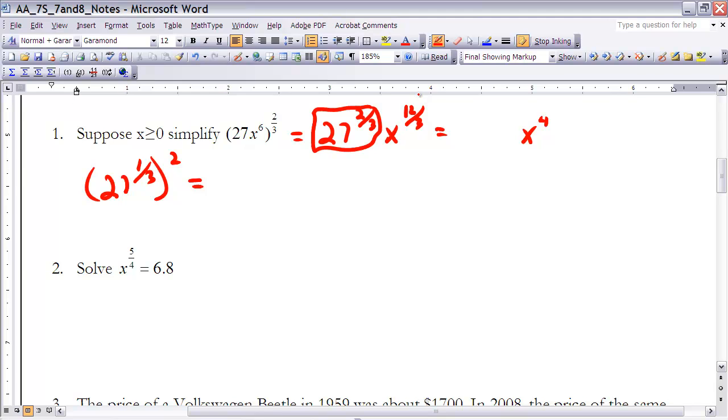So 27 to the 1/3 power: what number can I multiply by itself 3 times to get 27? That would be 3. So that's the same as saying 3 squared. I've taken care of this part, so now I'm left with this part right here. 3 squared is 9. Therefore, that is equal to 9x to the 4th.